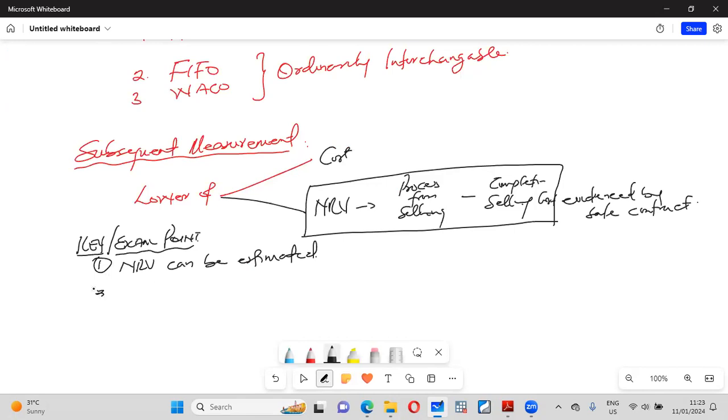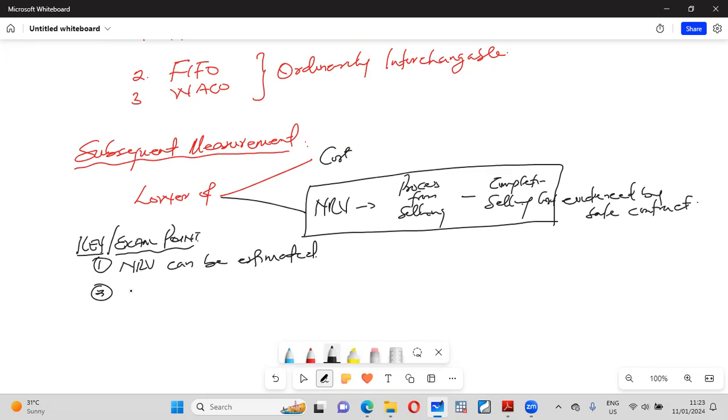Example point number two is that a sale after the reporting date, let's say 31st December, and there is a sale after the reporting date, providing evidence about the inventory that was held at the reporting date, is showing you an adjusting event. So what do I mean?